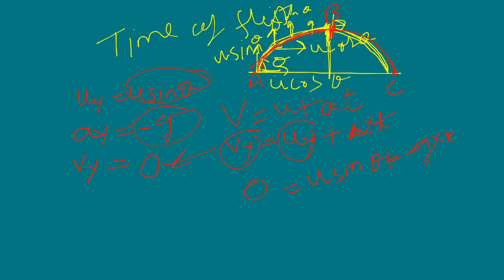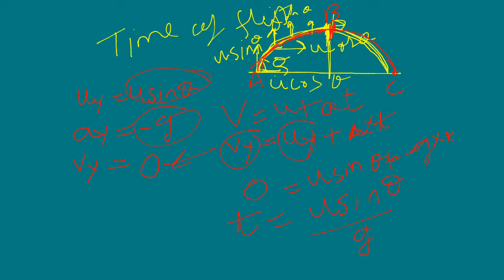So t equals u sin theta upon g, because g will come down.